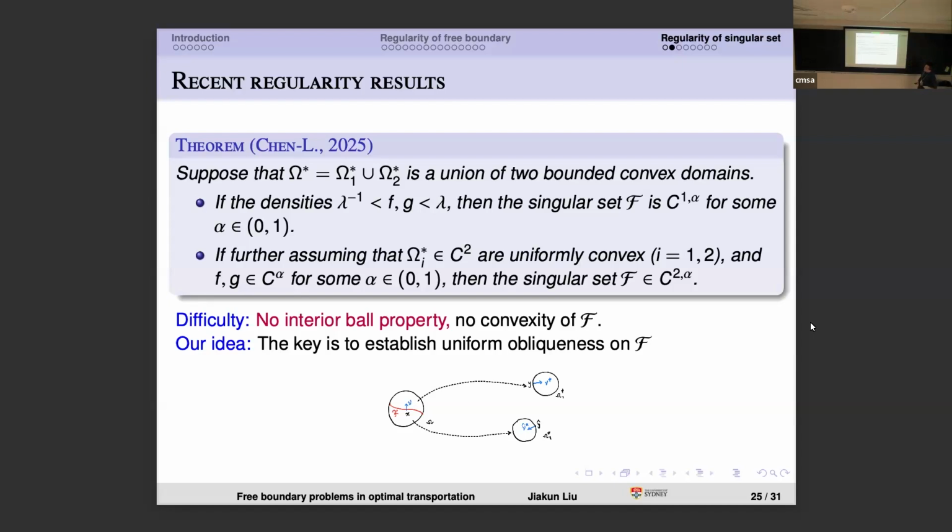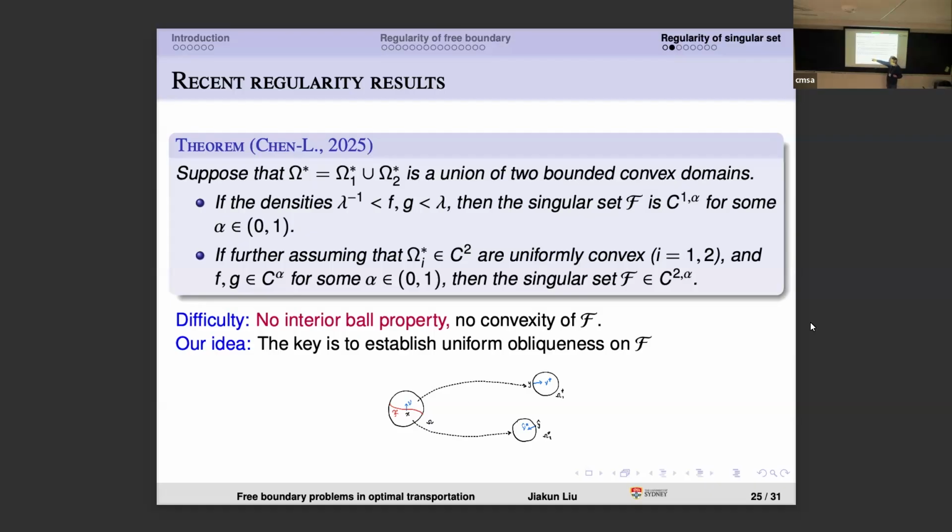But the key point, again, is to try to prove obliqueness. Because if you want to study the regularity of the free boundary, you have a normal direction. And this point on the free boundary is going to be split, because it's on the boundary, right? If you're standing here, everything goes to Toronto. If you're standing here, everything goes to New York City. But if you're standing somewhere on the free boundary, on the hypersurface, you have to split it, right?